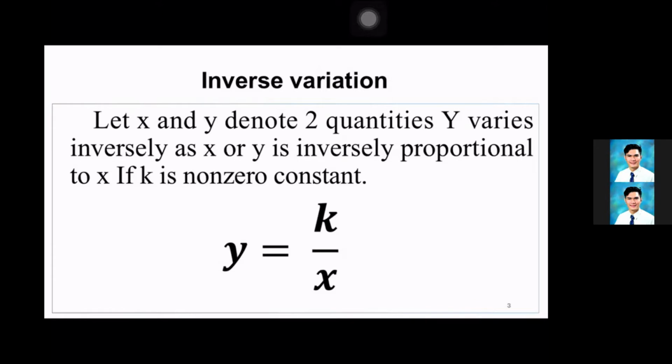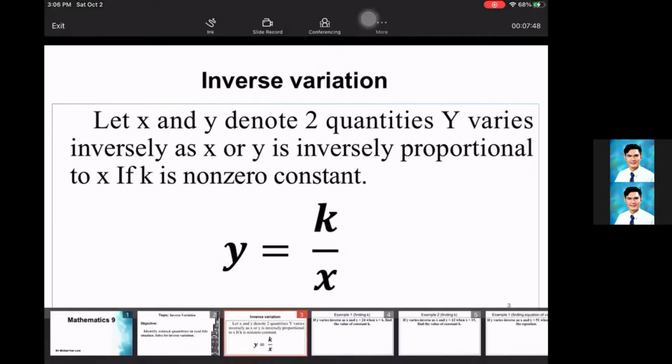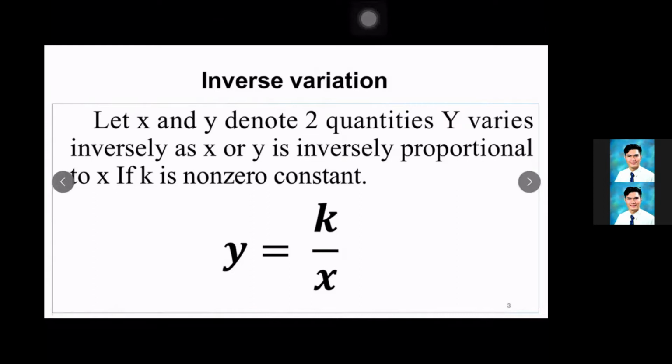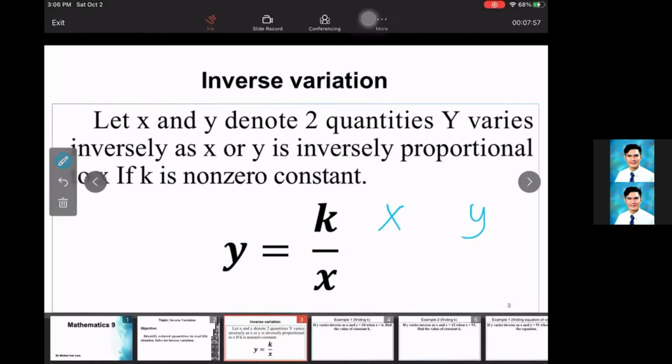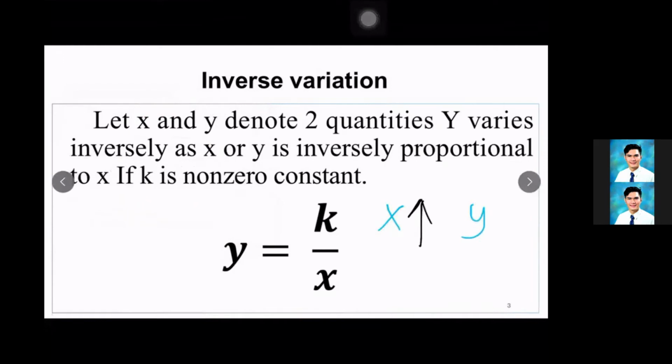So now, let us identify the concept of inverse variation. Always remember, in inverse variation, we have two quantities, particularly x and y. If x increases, y, which has an inverse relationship with x, will be decreasing.